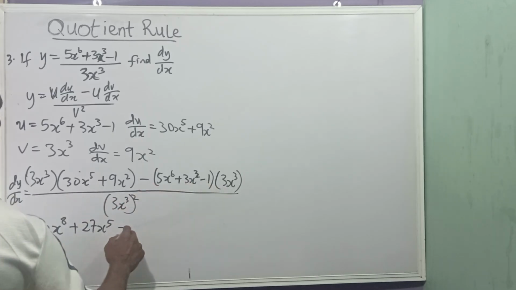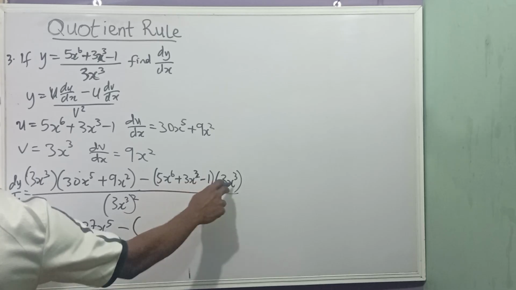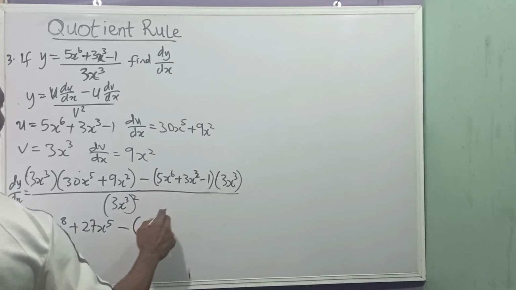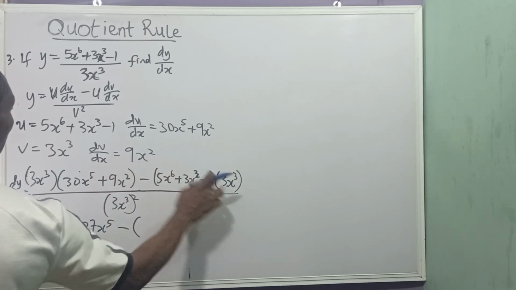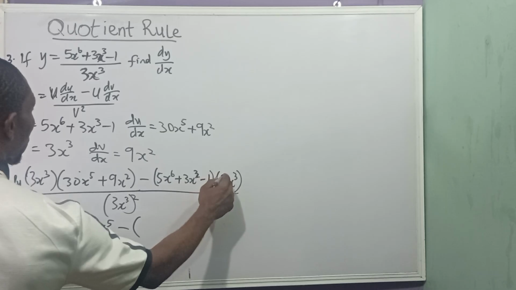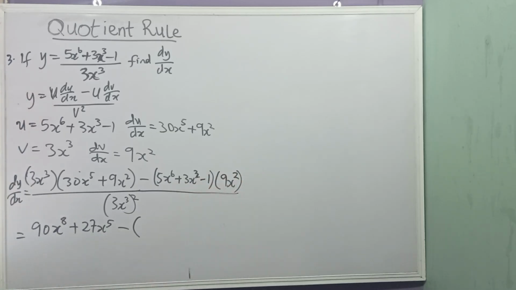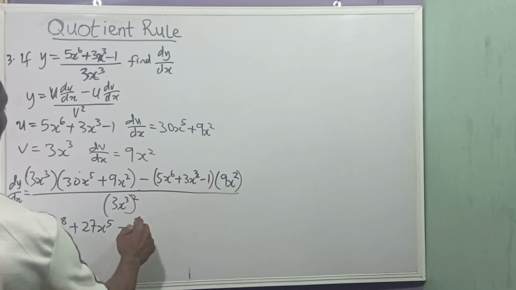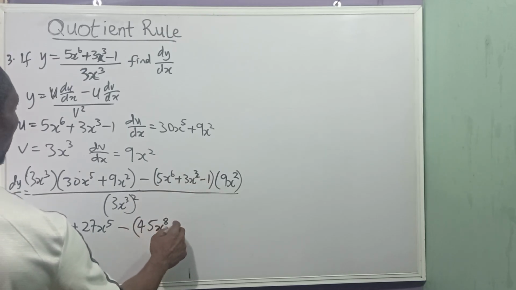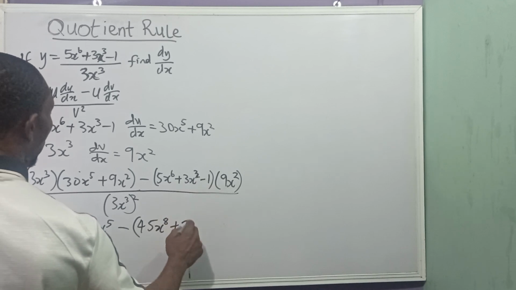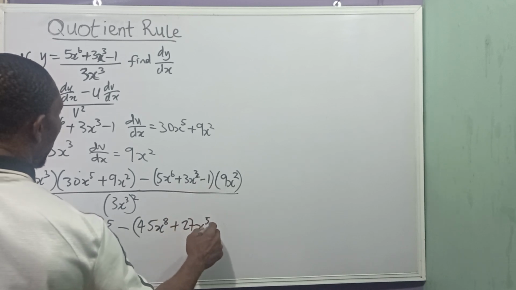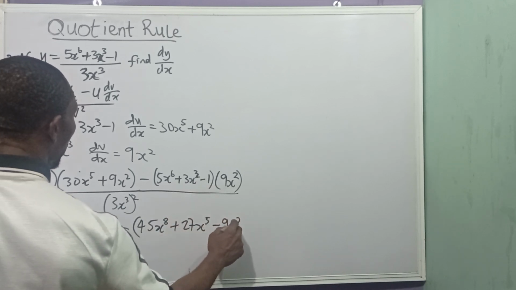This times this, minus the dv/dx, which will be 9x squared. So 5 times 9 gives us 45x raised to the power 8 plus 27x raised to the power 5 minus 9x squared.